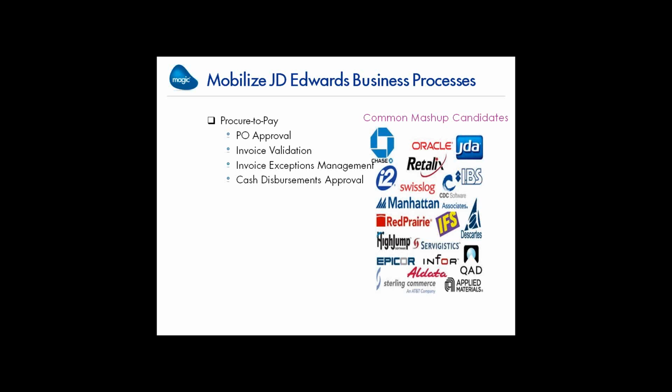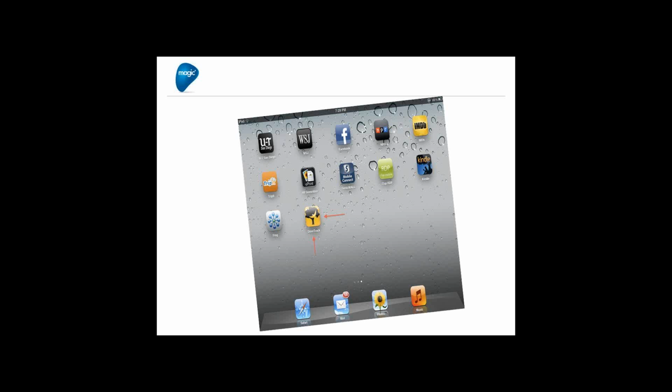And there are a large number of mashup candidates here, everything from Red Prairie and Manhattan Scale and Infor and JDA and so on. So there's a lot of different possibilities on this side.